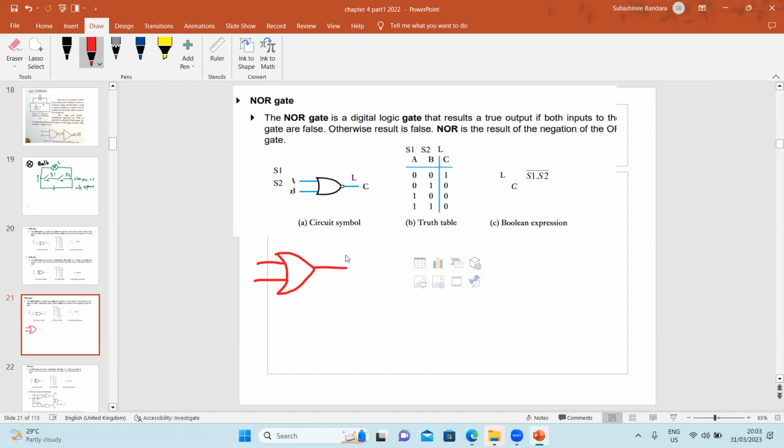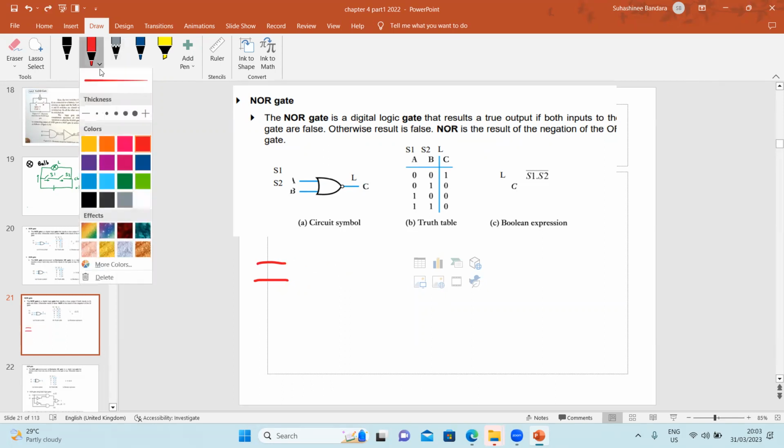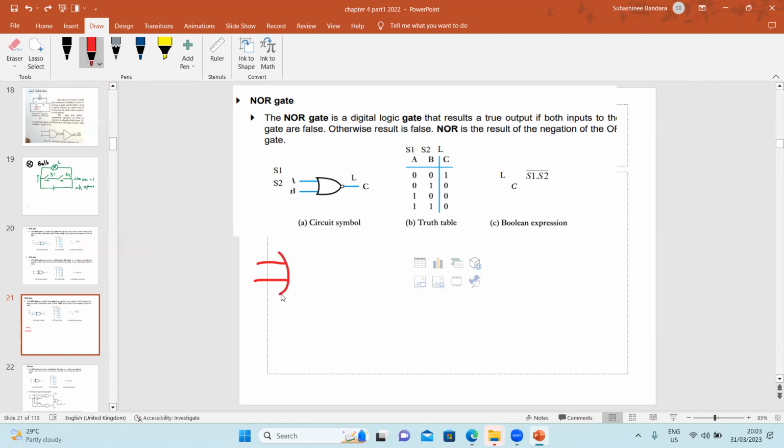Some are drawing this one in a little bit more straightforward way, like this. The pointing should also be there. Then NOT gate.